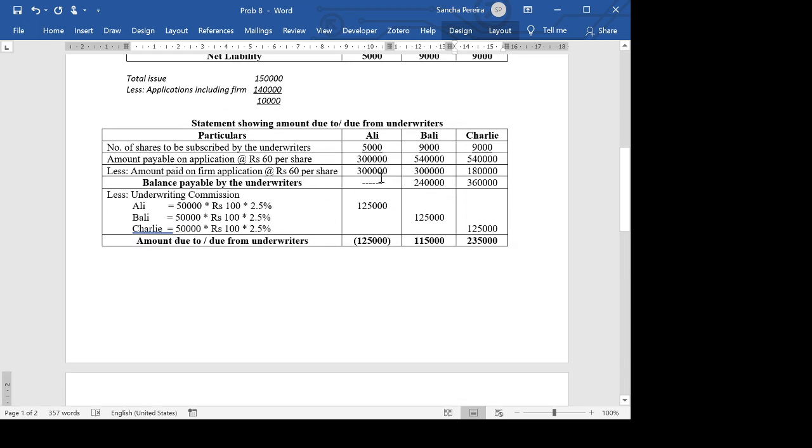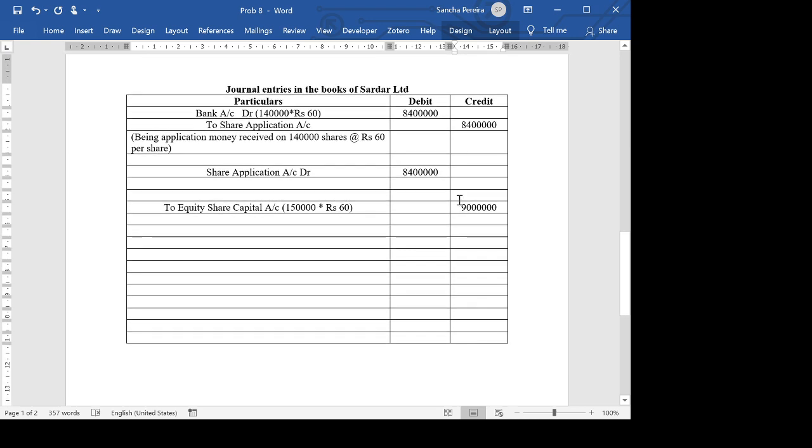If you see, Ali does not have to pay anything. It's only Bali that's 2,40,000 and Charlie 3,60,000, which comes to 6 lakhs. And if you see the difference between this 90 lakhs and 84 lakhs, it is 6 lakhs. So I'm going to say Bali's account debit, Charlie's account debit.